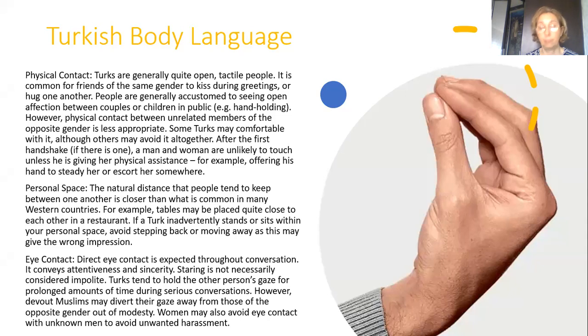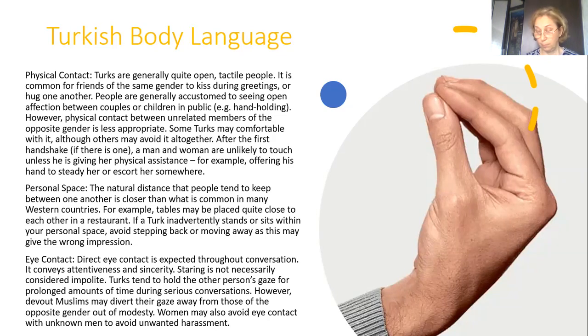Physical contact. Turks are generally quite open, tactile people. It is common for friends of the same gender to kiss during greetings or hug one another. People are generally accustomed to seeing open affection between couples or children in public. However, physical contact between unrelated members of the opposite gender is less appropriate.